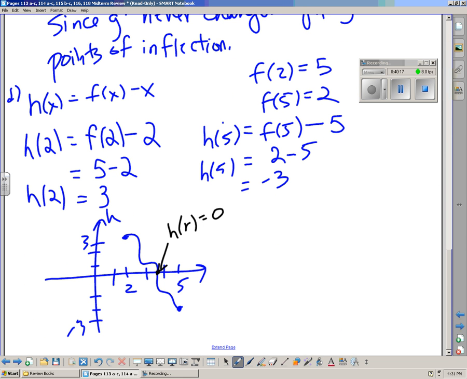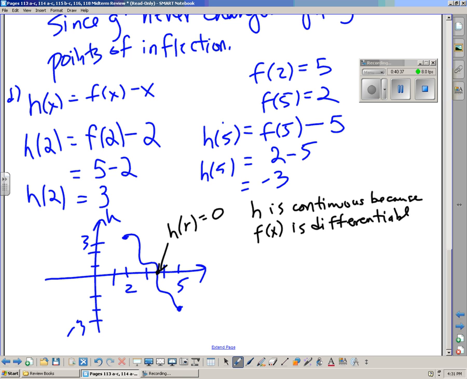All right, now here's the tricky part. We have to kind of explain why we know h is continuous. All right, h is continuous because f of x is differentiable and x is differentiable.